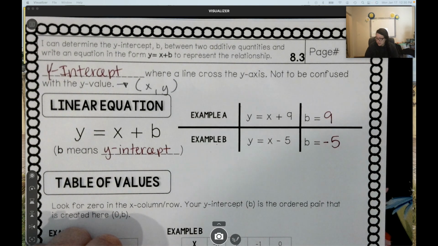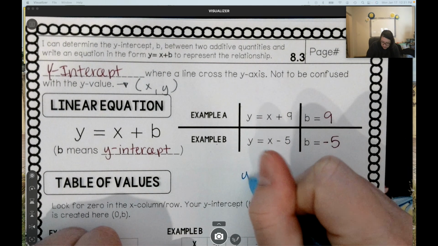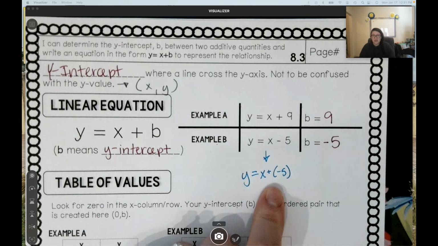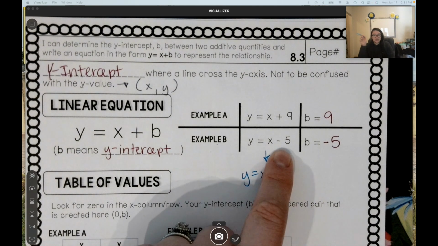The reason is because if I really wanted to, I could rewrite this equation as y is equal to x plus a negative 5. That's too much work to write. If I add a negative, I go to the left on the number line, and if I subtract, I go to the left on the number line.